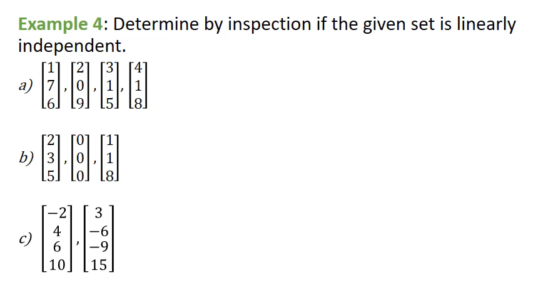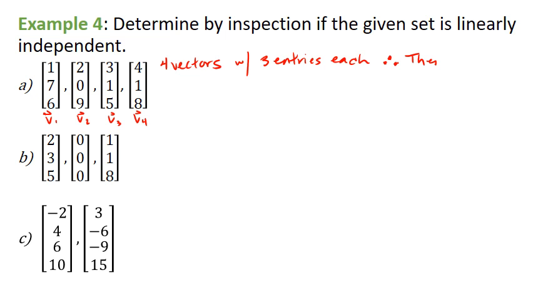So in the case of part A, we have 4 vectors. 1, 2, 3, 4. And each of them has 3 entries. So by Theorem 8, the set is linearly dependent.